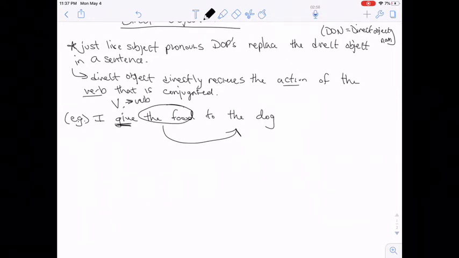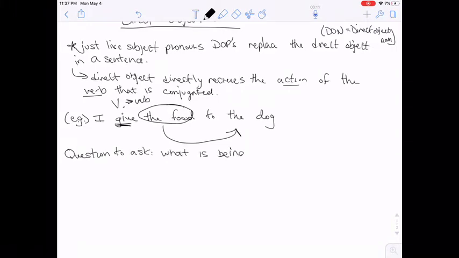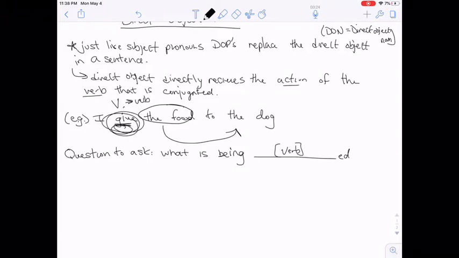Are you giving the dog to something or someone? No. You're giving food to the dog. So the action of to give, which is the verb, is you're giving the food. You're not giving the dog. Therefore, the food is directly receiving the action of the verb, which is to give.